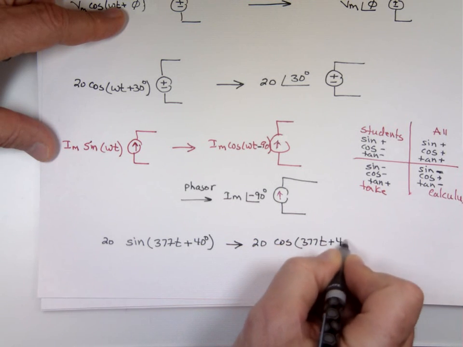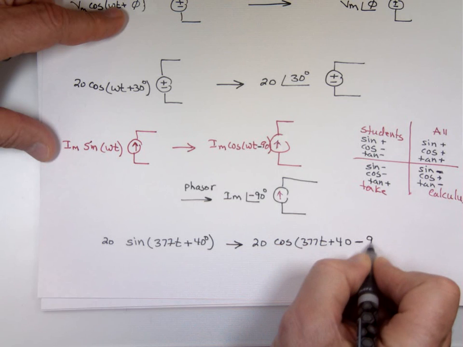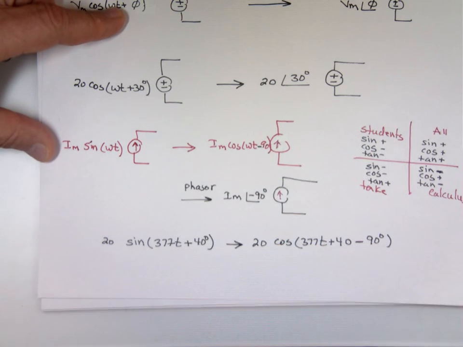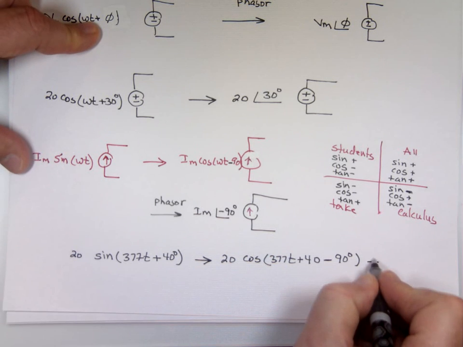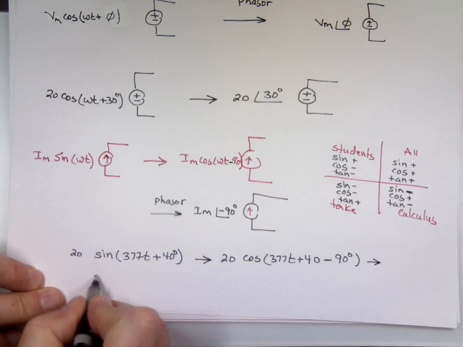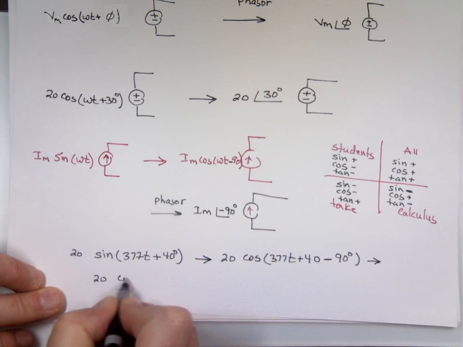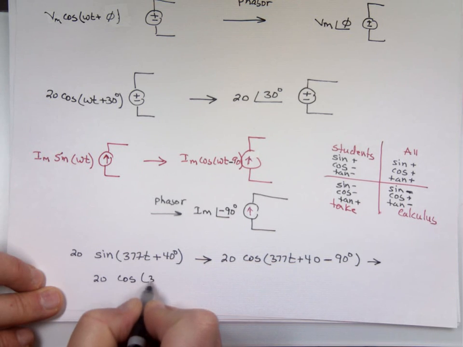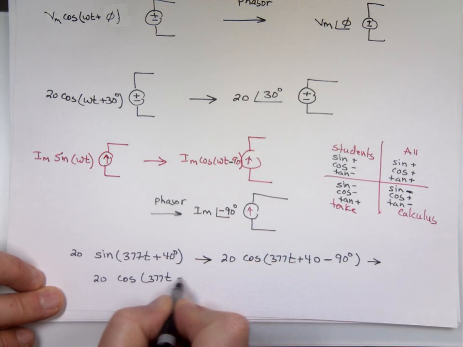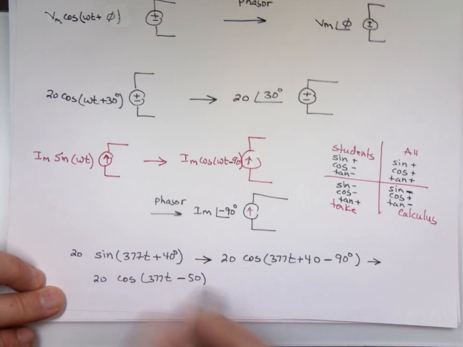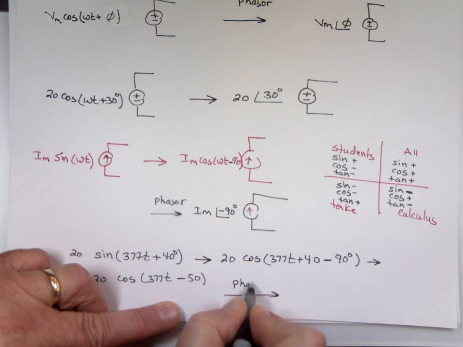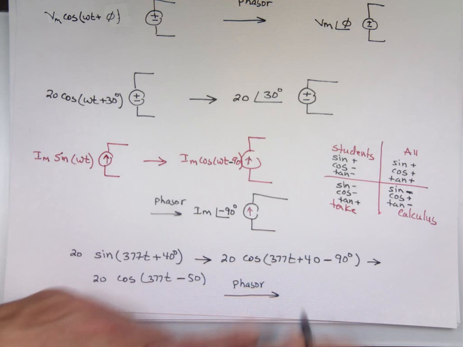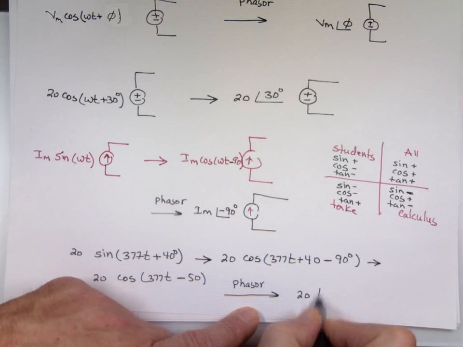When you go from sine to cosine, you subtract 90 degrees. So when you do the math, this source becomes what? 20 cosine what? 377t minus the 50. And now let's change it to phasor. Here we go. We're going to switch that to a phasor. In phasor, we write that as what? 20 angle negative 50.